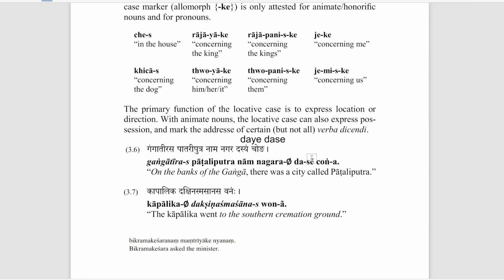And Pataliputra, that's the name of the city, which appears a lot in the Buddhist sutras. It is also Patna in India today, which is a pilgrimage place. Nagara is a city, same as in Sanskrit. So there existed a city named Pataliputra on the bank of the Ganges.